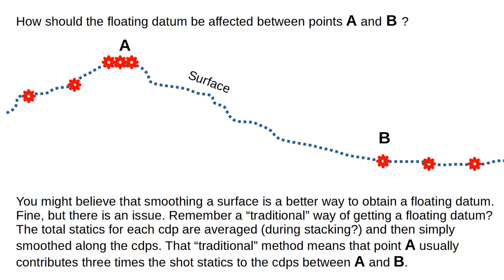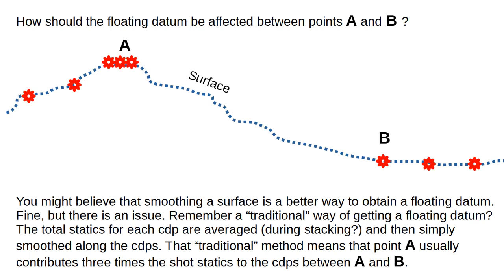You might believe that smoothing a surface is a better way to obtain a floating datum. Fine, but there is an issue. Remember, in a traditional way of getting a floating datum, the total statics for each CDP are averaged during stacking and then simply smoothed along the CDPs.